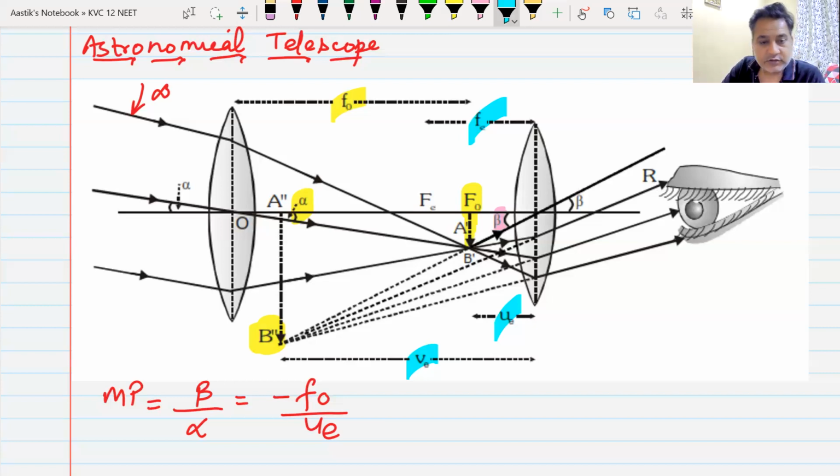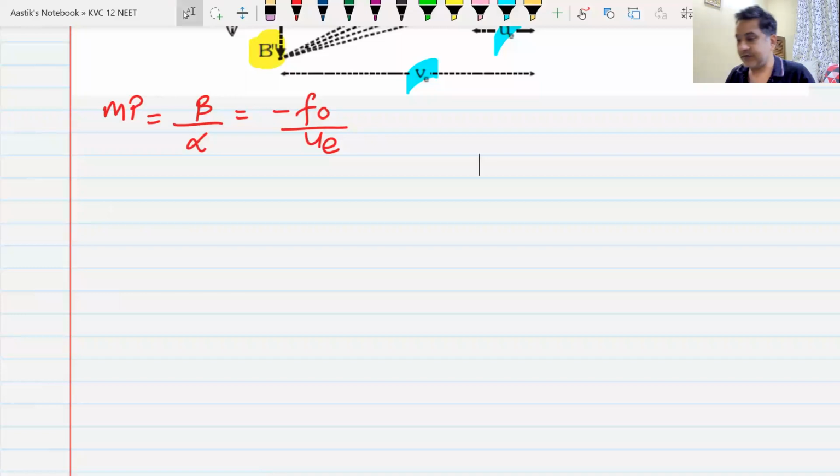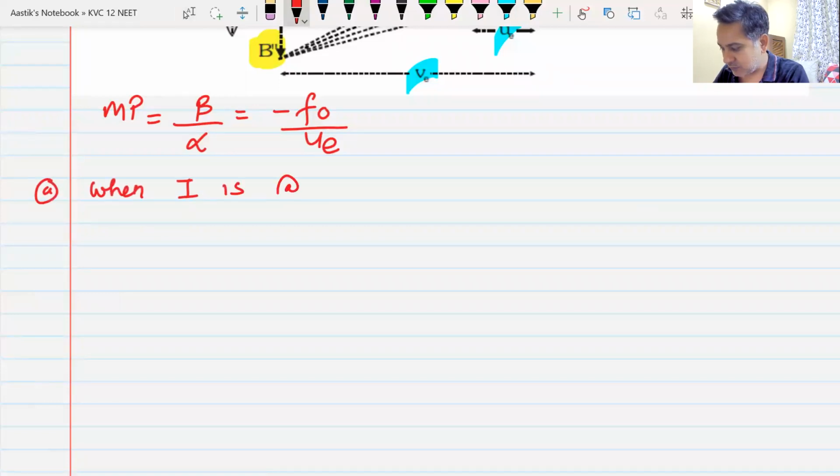So then we have to see the magnifying power in two cases. What are the two cases? Case A, when the image is at infinity. Oh, I just forgot to tell you something. I'll take you back.